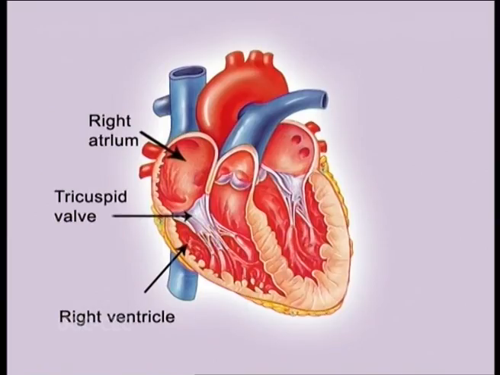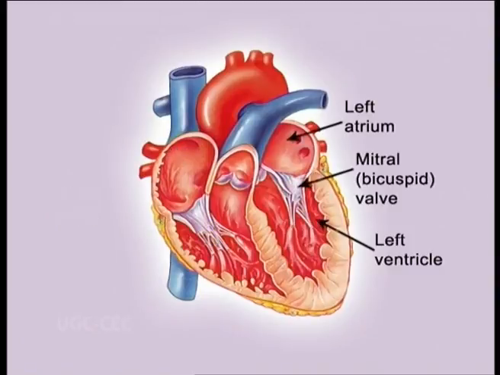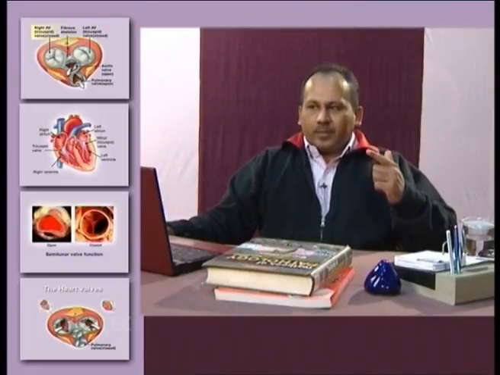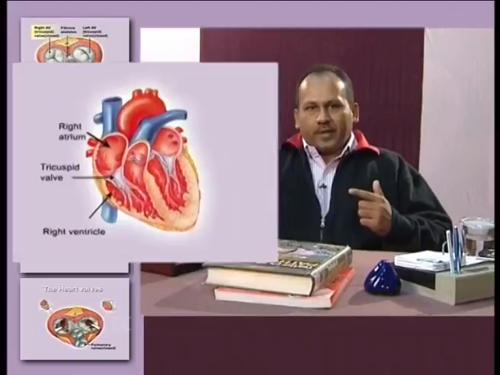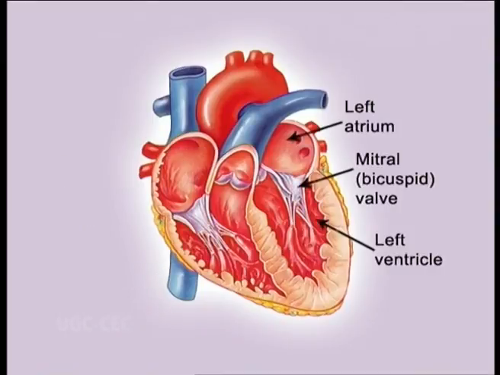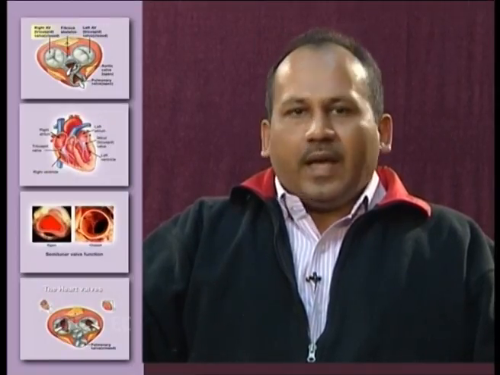Now, the right auricle is connected with the right ventricle, the left auricle is connected with the left ventricle, and each of them has tricuspid and bicuspid valves respectively. I repeat once again, the right auricle and the right ventricle have the tricuspid valve, whereas the left auricle and the left ventricle have the bicuspid valve.